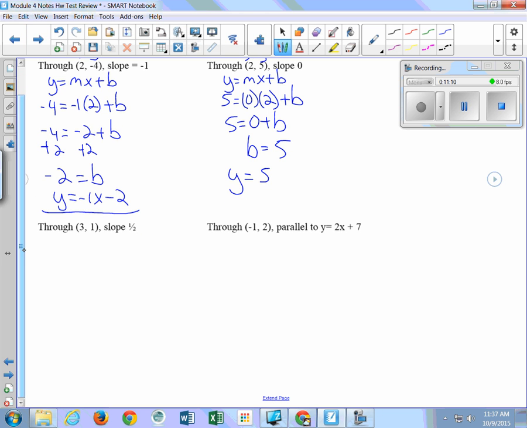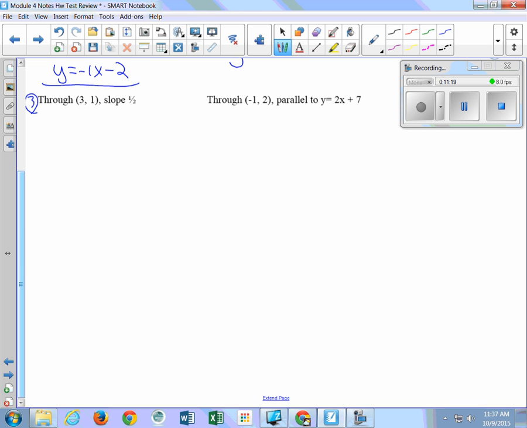Right, this will be number 1 again, 2. Let's look at number 3 in this section. Number 3, y equals mx plus b. Fill in my information. So 1 equals 1/2 times 3 plus b. Okay, so do the work. 1 equals, that's just 3 over 2 plus b.